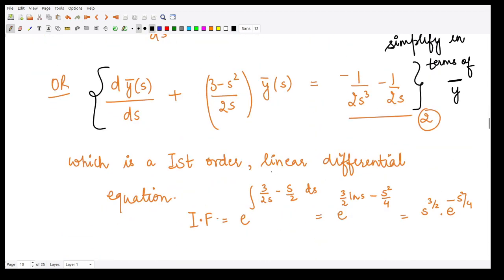Now this is a linear first order differential equation, so we can solve this by the method of integrating factor. This equation is in the form y dash plus py is equal to q. So its integrating factor is given by e to the power integral of p, whatever is the independent variable, right?